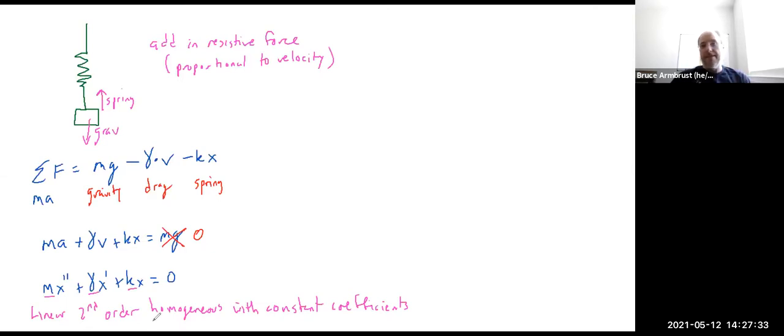The mass is the mass of this object. The spring constant is the spring constant. And that gamma is going to be dependent upon the medium. Remember earlier when I was talking about this and Bradley brought up something about the medium? That's what gamma is going to do. This is going to depend on the medium.